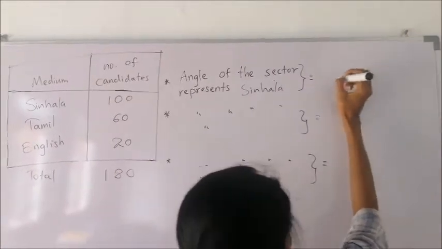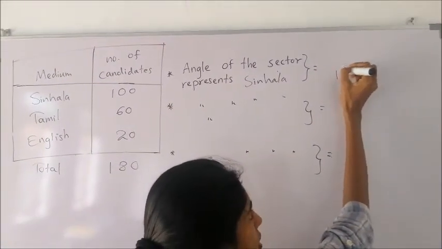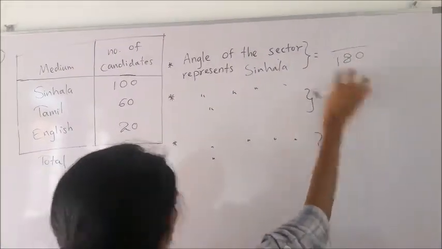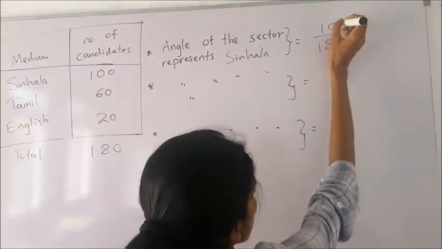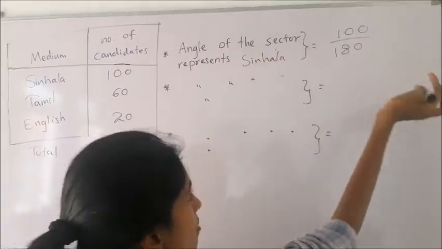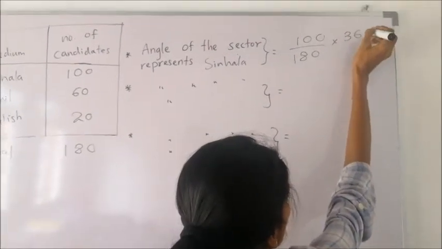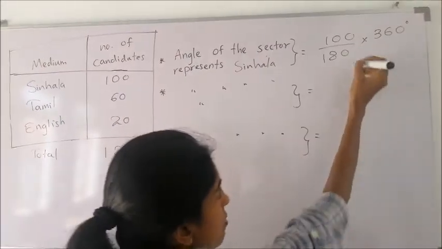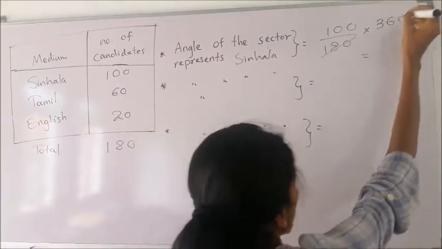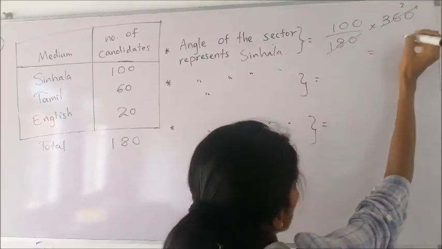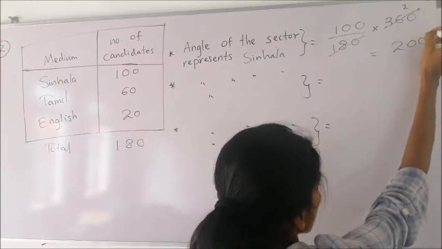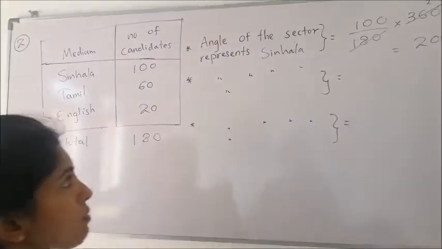Sinhala medium candidates. Out of 180, out of the total, there are 100 candidates who are facing in Sinhala medium. If so, as an angle, multiplied by 360 degrees. We know that 180 times 2 is 360. That means 200 degrees is the angle for that.